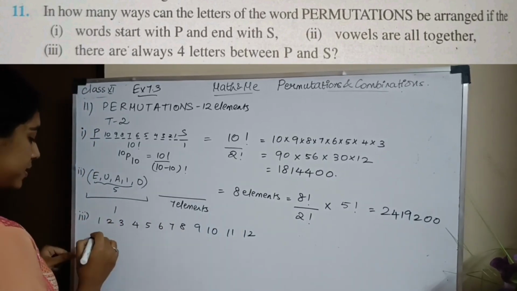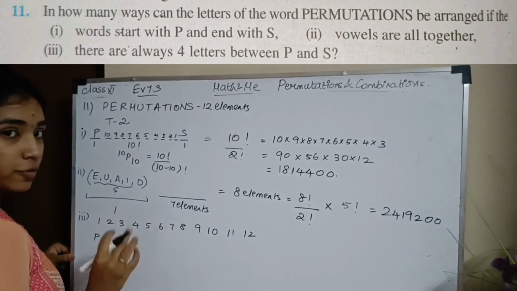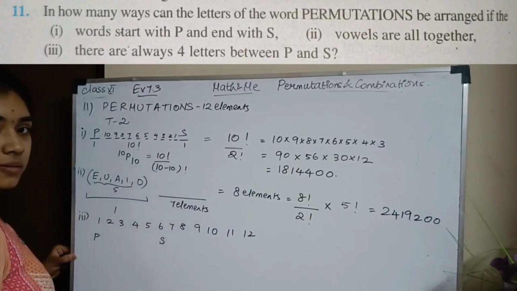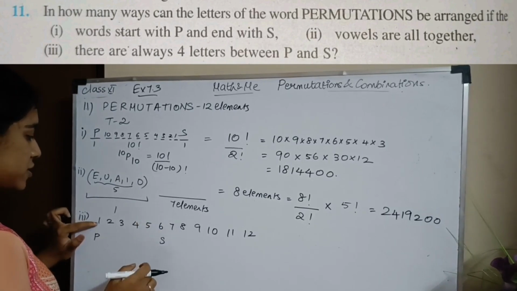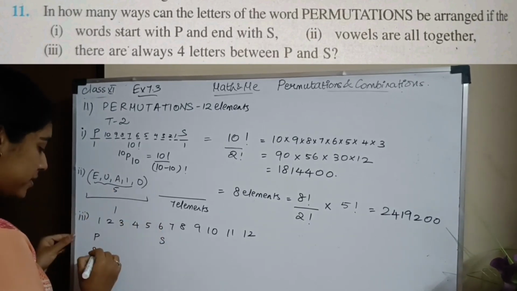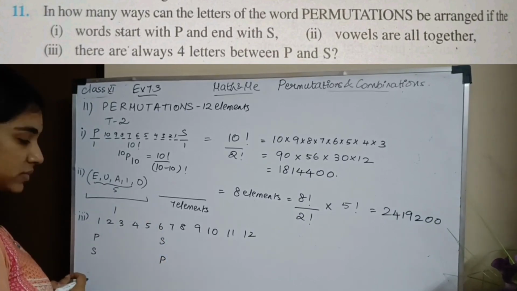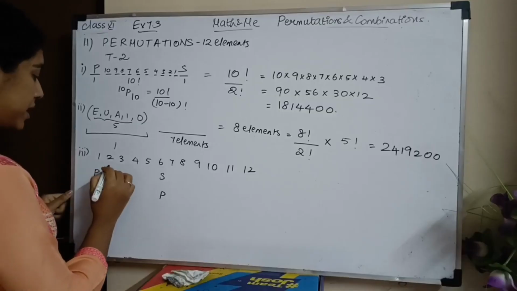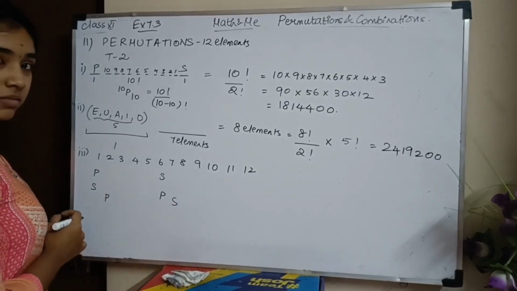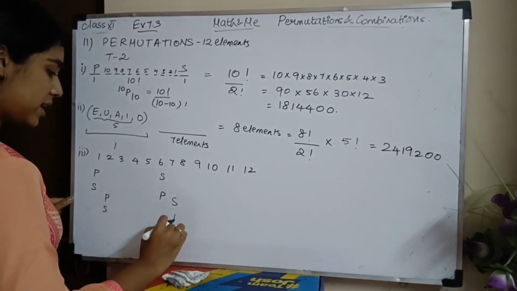If for example, P is here, I have 4 letters in between P and S. So I have 4 letters. S can be here. So P can be in the first place and S can be in the 6th place. In the same way, it can be the reverse: S, P. Correct? Similarly, if P is in the 2nd place, I can have S in the 7th place. And I can have S here and P here.